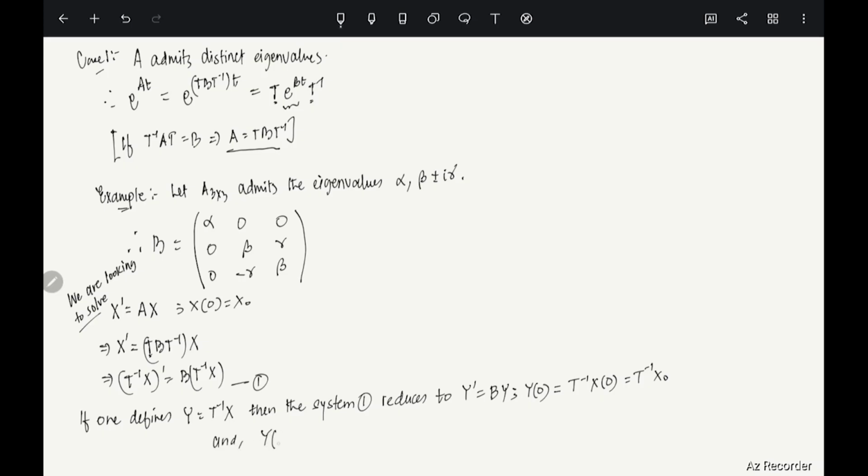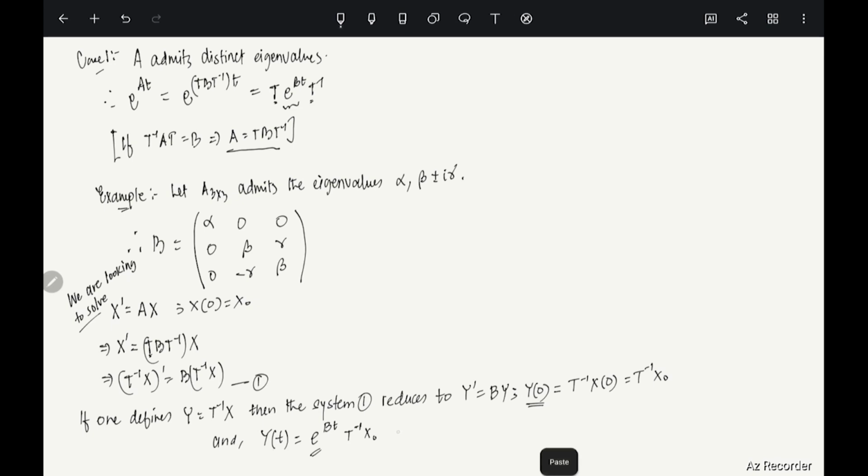Okay, now the solution of this problem, you see, y of t, what is y of t? Y of t is nothing but e power Bt times y at the point 0, which is T inverse of x0. Clear? Okay, so you see, if we can calculate what is e power Bt, and of course if we know what is T, then we can of course know what is y, and then once we know what is y, then we know what is x, because y is nothing but T inverse of x.